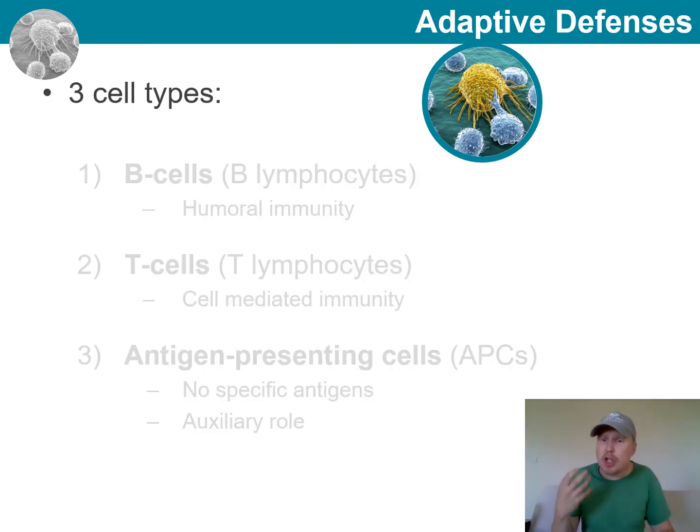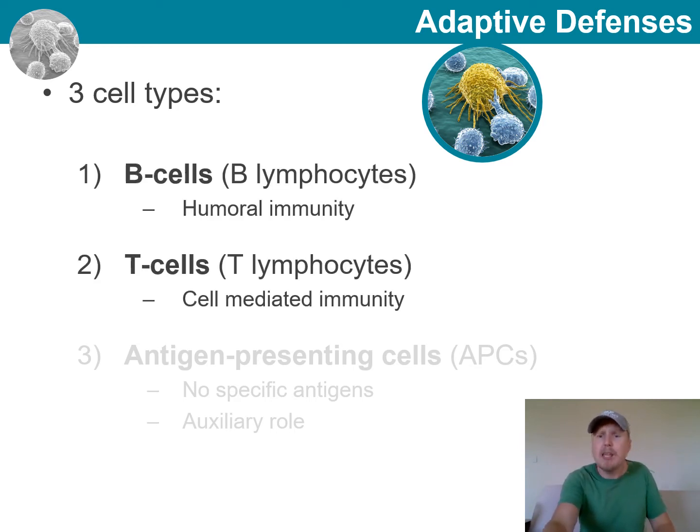Now I would like to shift our focus to something different. Let's discuss 3 important cell types that we see in the adaptive immune system. So we have lymphocytes. These are our B cells and T cells.